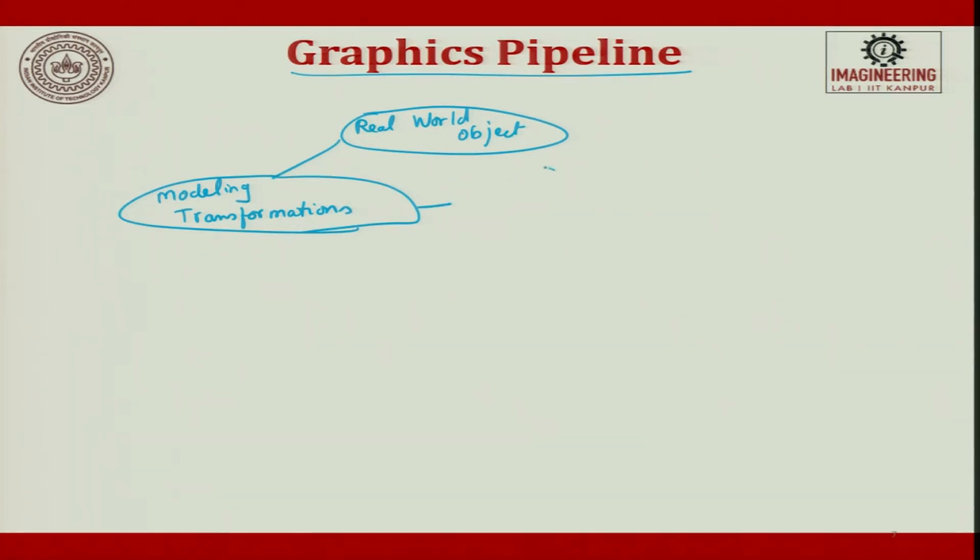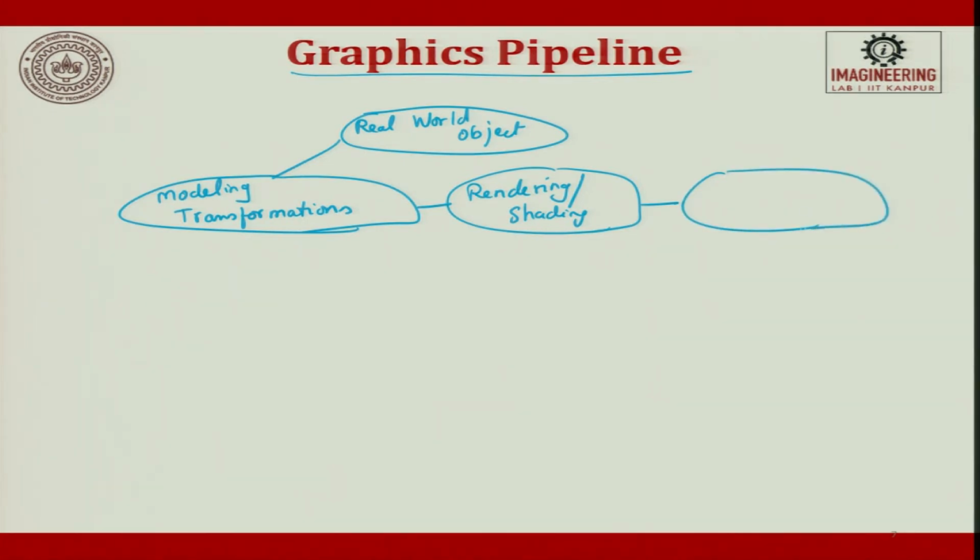Then it leads to rendering / shading. You have a product, you are trying to develop the product, now you have to give a texture to the product. Then we have a viewing transformation.